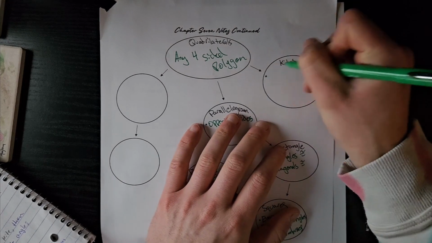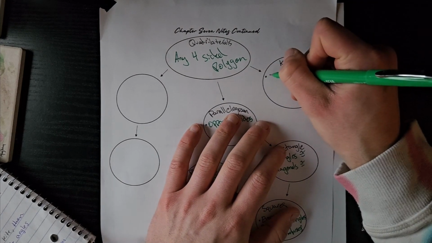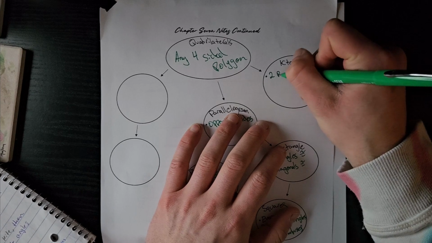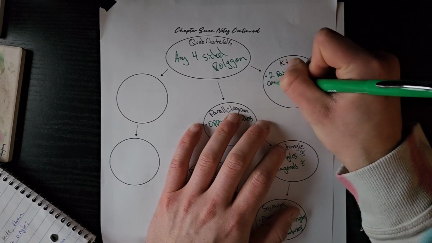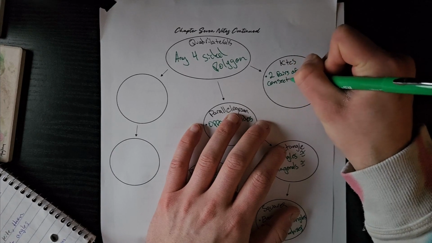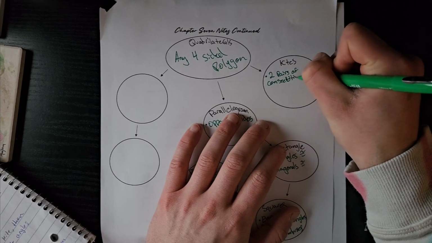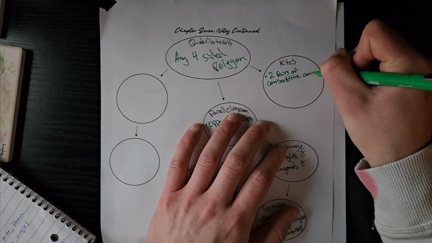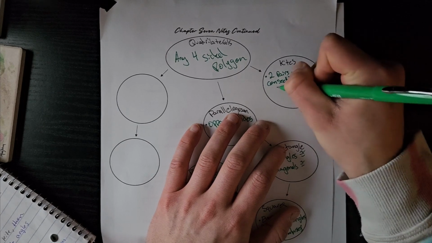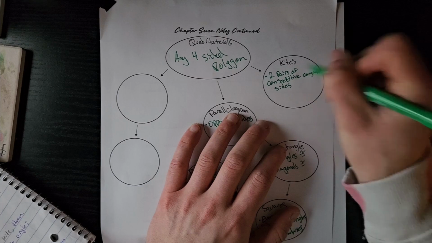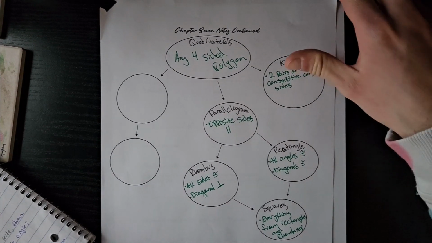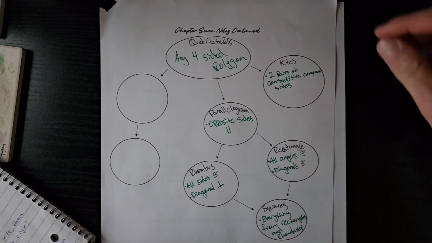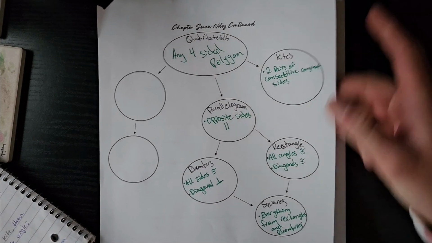So for kites, I would say that it has 2 pairs of consecutive congruent sides. That's what I put for kites. And yeah, that's the defining feature for kites.